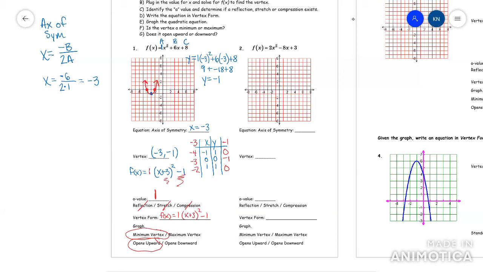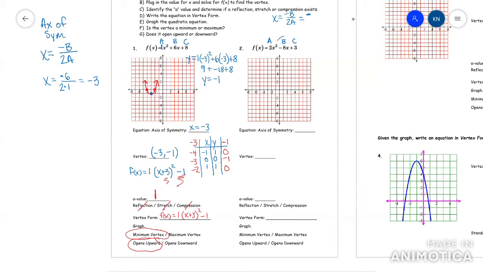Let's look at the second example. Remember, you have to go find your axis of symmetry first. So that looks like this. X equals -b over 2a. Identify your A, your B, and your C. Be careful, this does not say 8. It says -8 for my B value. So this one's going to be kind of weird. When you plug it in, the negative on top is there by default, so you have to write it.